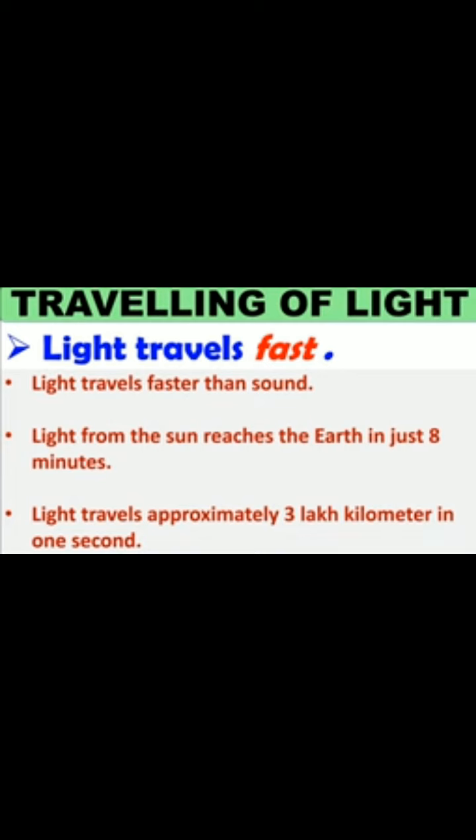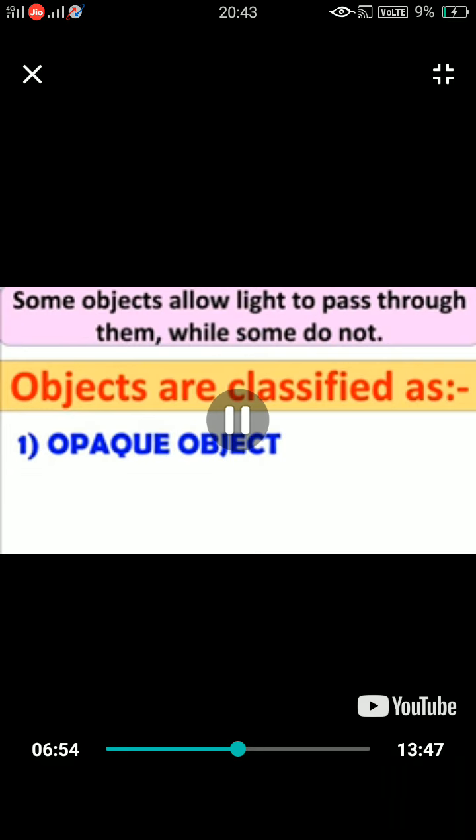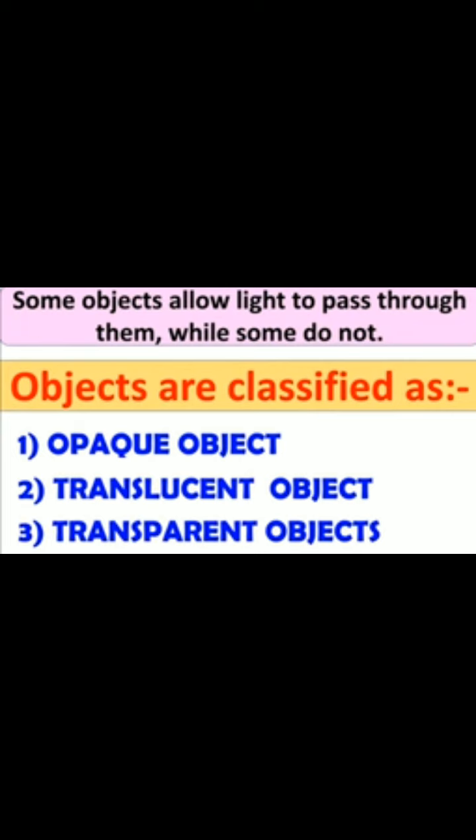You can also say 3 into 10 to the power 8 kilometers per second. Now, some objects allow light to pass through them while some do not. So on the basis of that, objects are classified into 3 types: opaque object, translucent object, and transparent object.